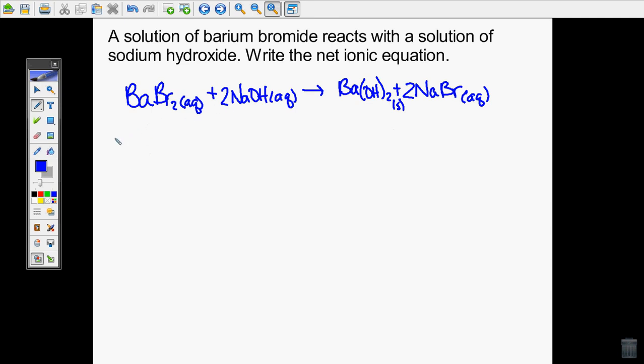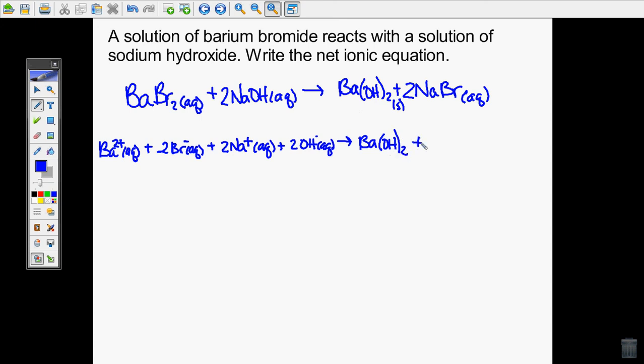Okay, so now we're going to break these apart into ions. So we've got barium 2 plus aqueous, plus this 2 right here is now going to go in front of here. We have 2 bromine minus aqueous plus 2 Na plus aqueous plus 2 OH minus aqueous yields. Okay, now this is our solid, so we're not going to break it up. We're going to leave it alone.